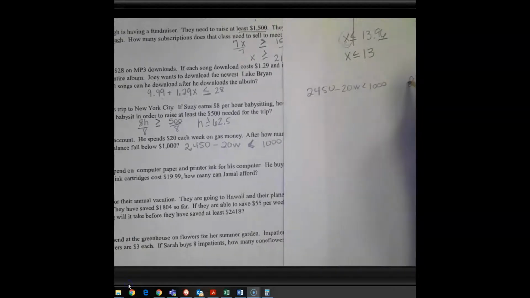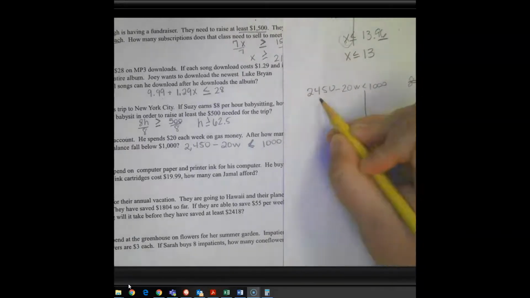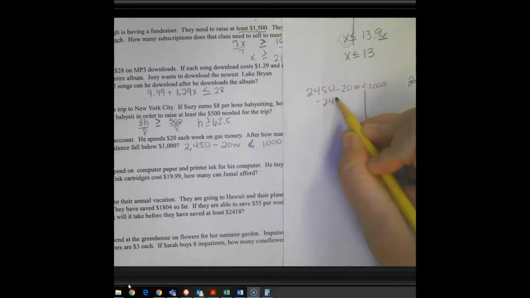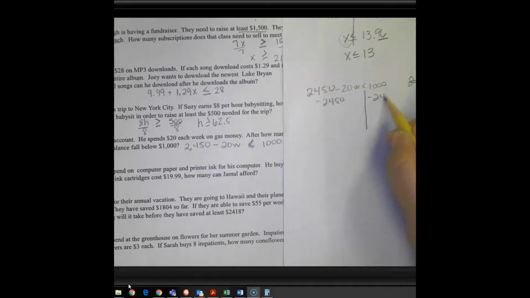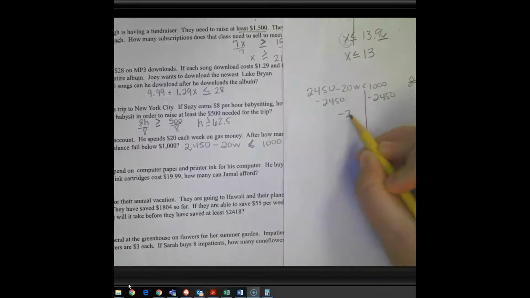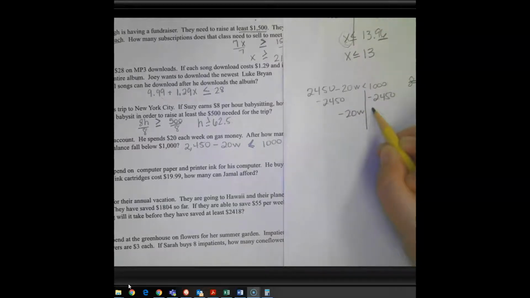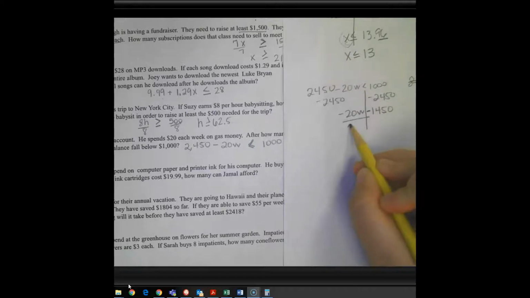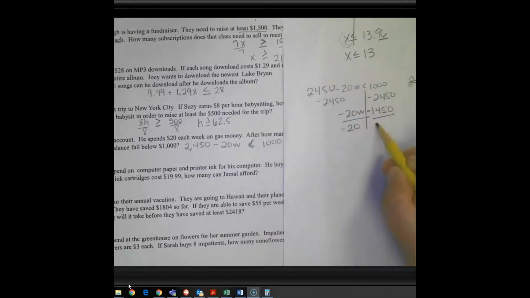So I've written my problem out. I'm going to subtract $2,450 from both sides. It leaves me a negative 20W, and this leaves me with negative 1,450. Divide both sides by the negative 20. Divided by a negative, so I'm going to flip my sign.